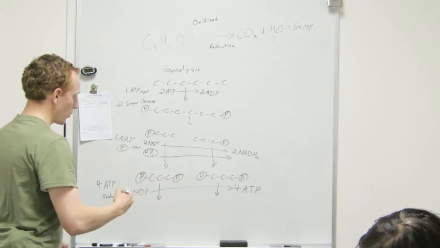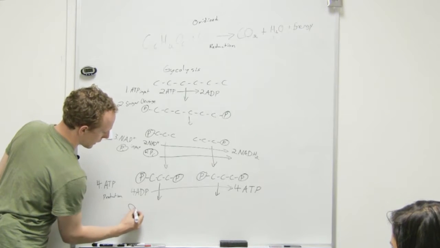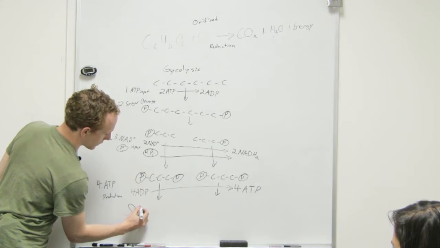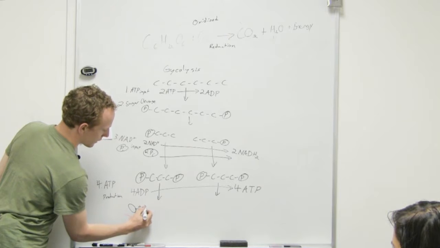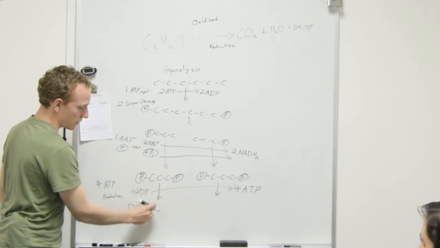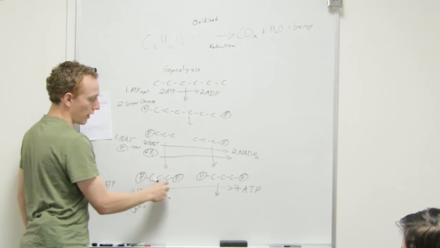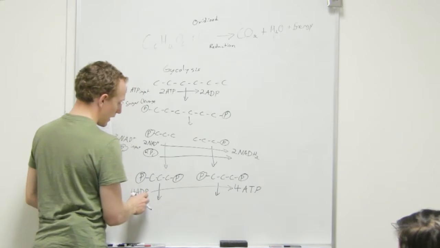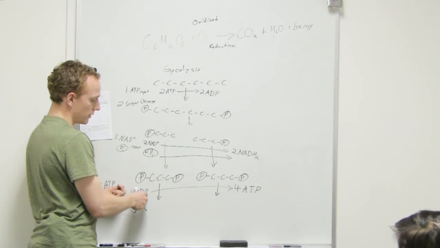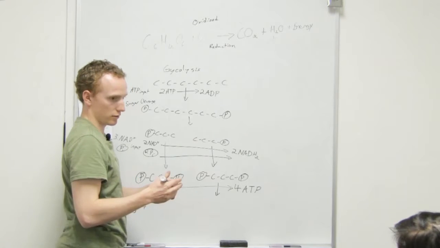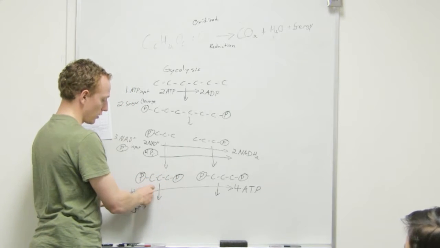Okay. So right now this has the adenosine right here, and there's 2 phosphates. And then it picks up one of these to turn it into a triphosphate. So because we've got 4 phosphates on these, we can put 4 ADP in to get 4 ATP, because you put 1 phosphate on each ADP.